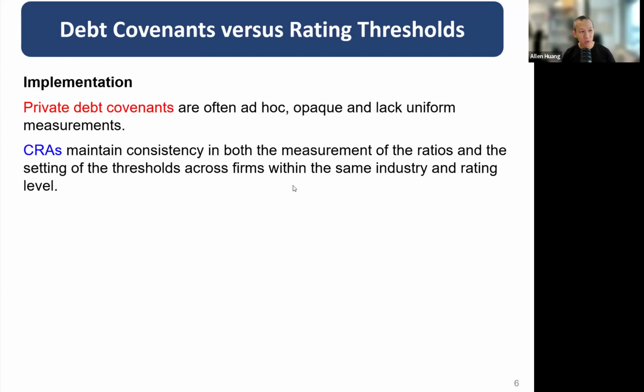But credit rating agencies maintain consistency in both the measurements and the ratios, and also the settings of the thresholds across firms within the same industry and rating levels. I'll show you a little bit of how the credit rating agencies calculate the two core ratios that we look at.